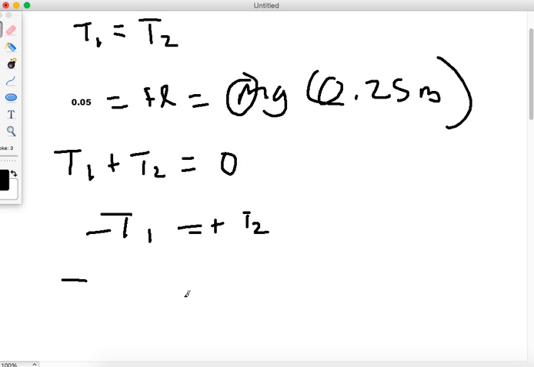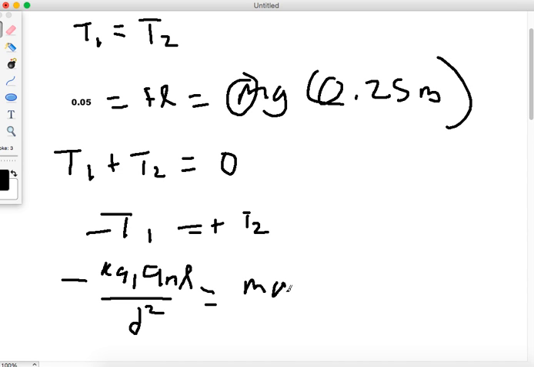The length is 0.5 meters, and the force is K Q1 Qn over distance squared, where Qn is the unknown. The distance squared is the same, times L, which is 0.5, is equal to torque 2, which is F times L prime.